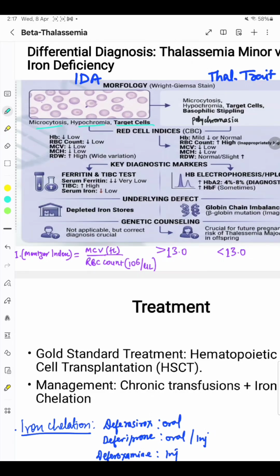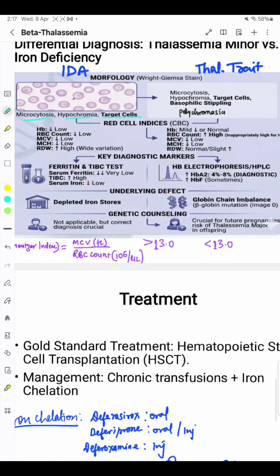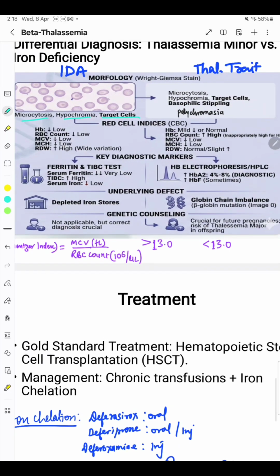But in iron deficiency anemia there are pencil cells and annulocytes, and in beta thalassemia there is basophilic stippling, which is usually not seen in iron deficiency anemia. Polychromasia is there, and sometimes nucleated RBCs can be seen in thalassemia trait.